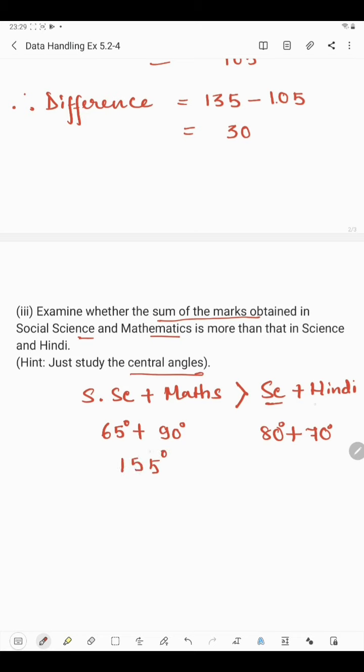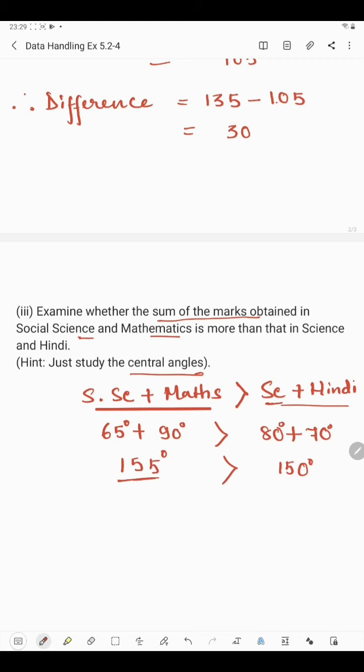And the sum of the central angle in science and Hindi: 0 plus 0 is 0 and 8 plus 7 is 15, so it's 150 degree. The question asks whether the sum of social science and maths is greater than the sum of science and Hindi. Here we have observed that 155 degree is greater than 150 degree. So this statement is correct.